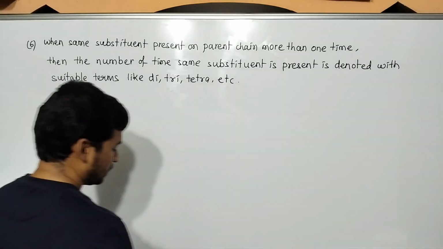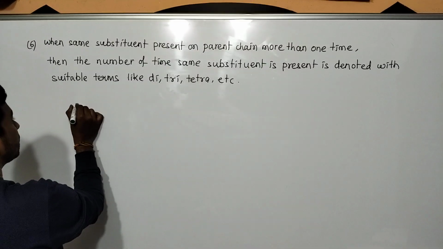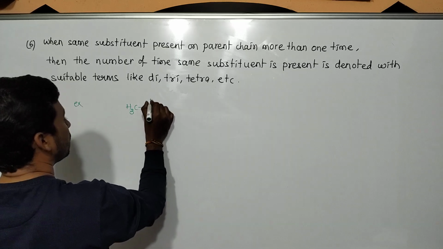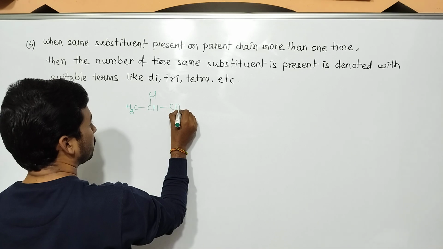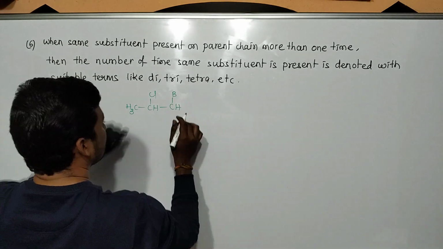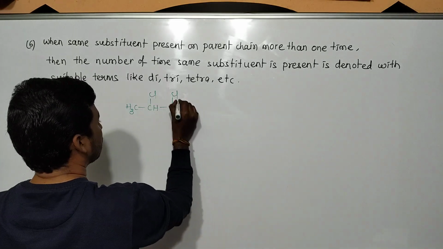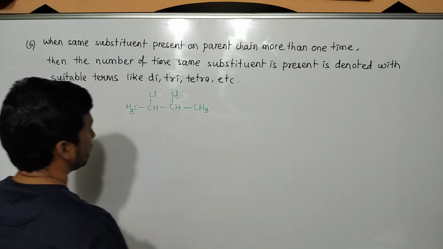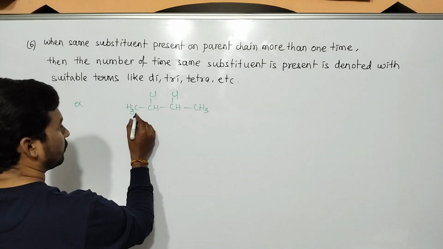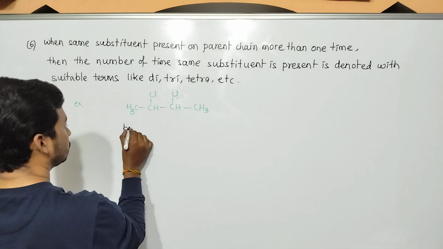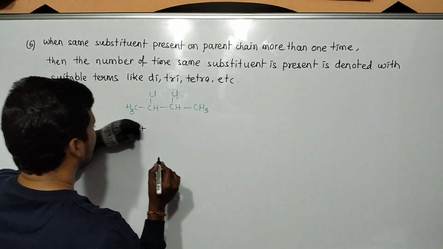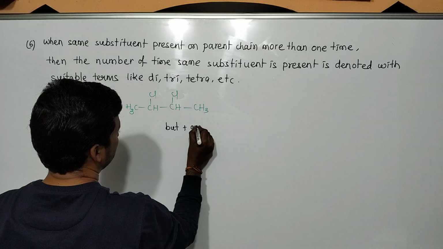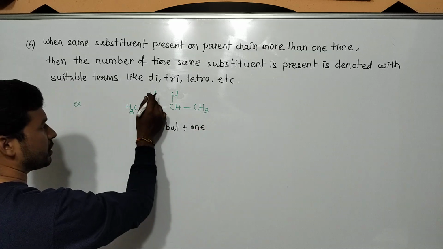Okay, that means, see this. With one example, it will be very clear. CH3, CH with chlorine as a substituent, CH with chlorine as a substituent again, CH3. What is the IUPAC name for this? So 4 carbon atoms, so the root word is but. In between the carbon atoms are single bonds, so ane: but plus ane, butane. There are 2 substituents, chloro.